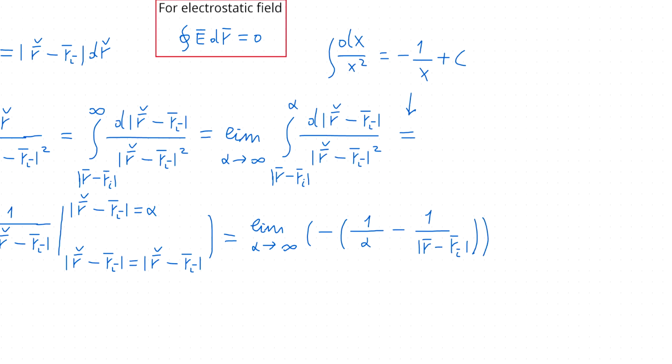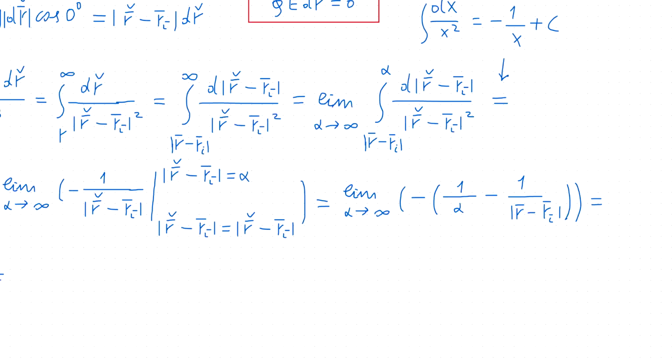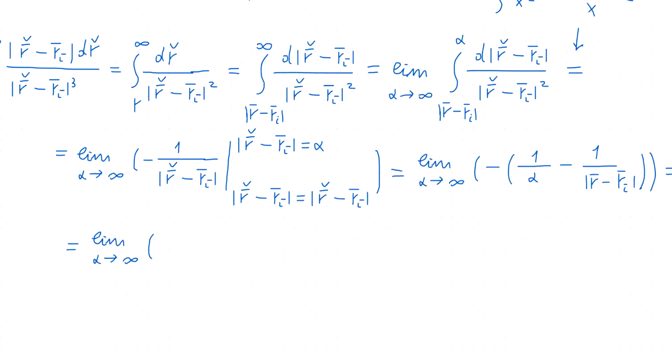And let's open inner brackets to simplify this formula, and we will have 1 divided by absolute value, and minus 1 divided by alpha.